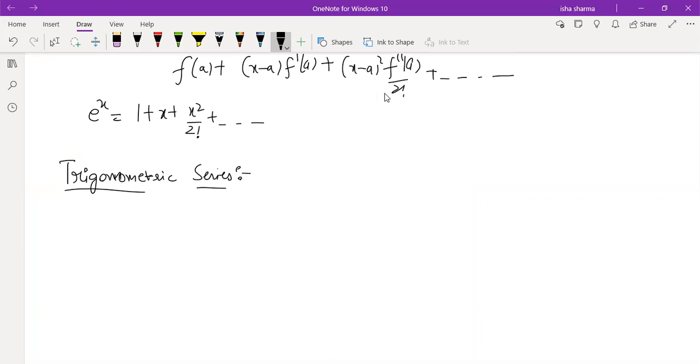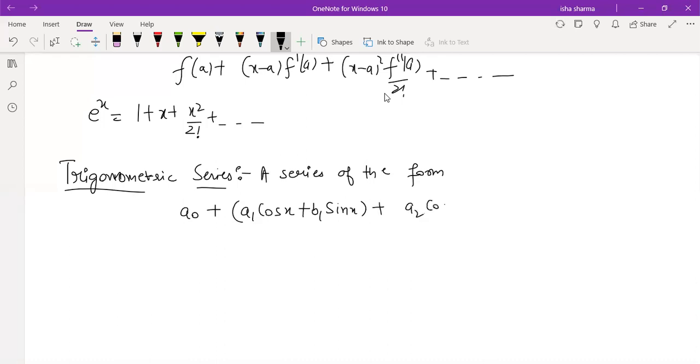The trigonometric series is basically a series of the form a naught plus a1 cos x plus b1 sin x plus a2 cos 2x plus b2 sin 2x plus and so on, an cos nx plus bn sin nx and so on. So it's clear from here that this is going to be an infinite series.